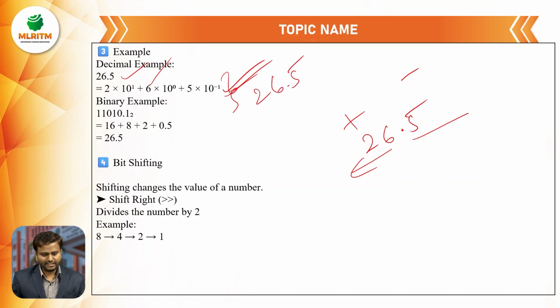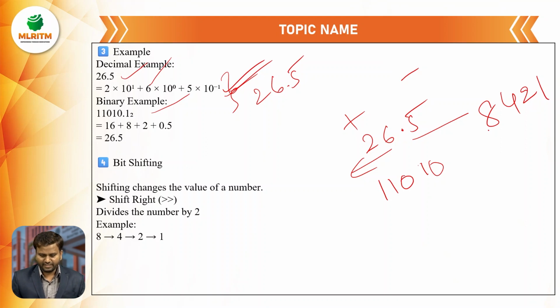Now the binary example: the binary code is 11010. We calculate using the 8421 process. The left side is multiplied by 2 and the right side is divided by 2.